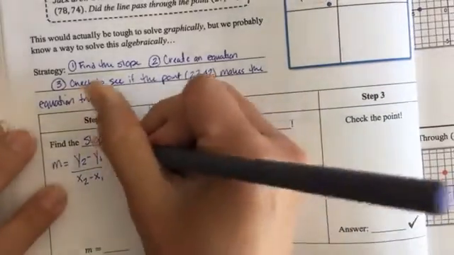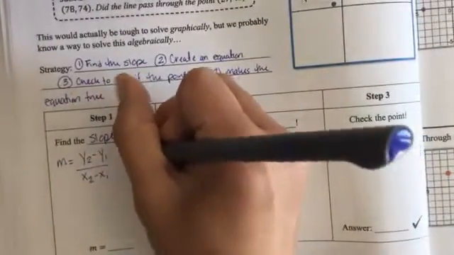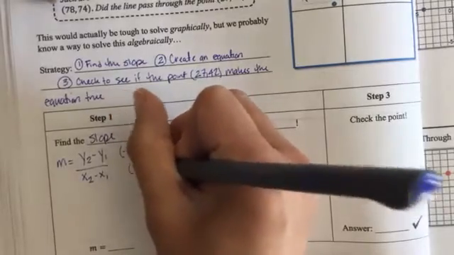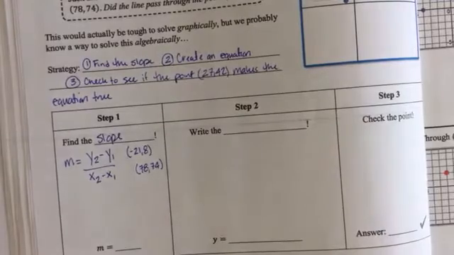And our ordered pairs, I'm just going to write them over here too. Negative 21, 8 and 78, 74. One cool thing: it doesn't matter which one you call your ones and which one you call your twos.